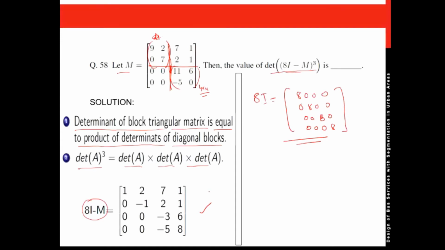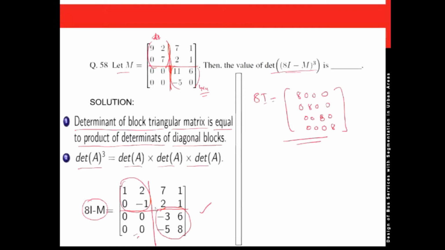So now this is also a block triangular matrix, right? This is 0. So the determinant of this block triangular matrix is the determinant of this into the determinant of that. Because the determinant of this must be equal to 0 in the lower block. So if you calculate, the determinant of this is minus 1 and that is 6.